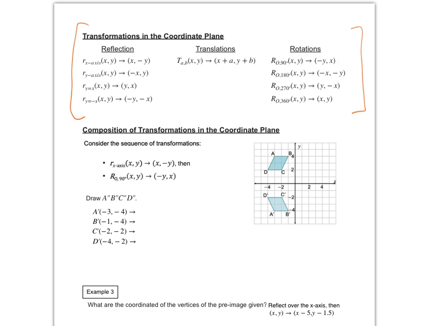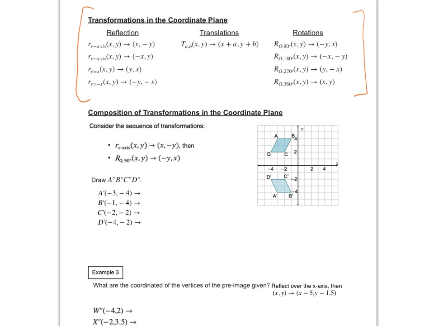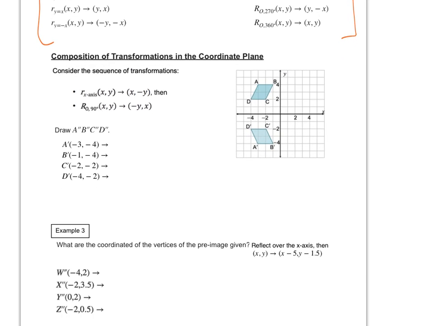And then here, doing the composition on the coordinate plane. Now it gets a little bit more technical, but again, we're going to use these mappings and it'll get us through. So it says, consider the sequence. First, we want to reflect over the x-axis, and then we want to rotate 90 degrees. So the first thing is my pre-image.